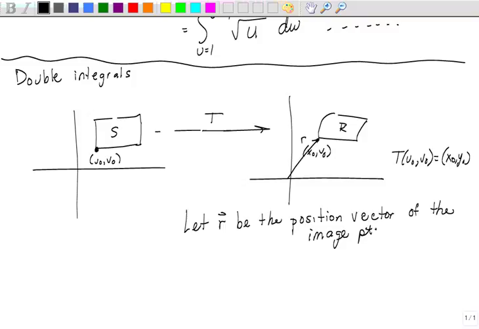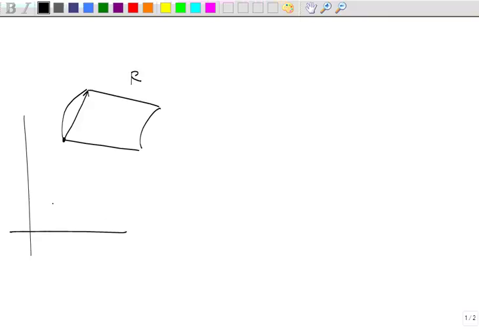So let me draw a bigger picture. Say this is my region R, and this is point (u0, v0). So this is r(u0, v0).